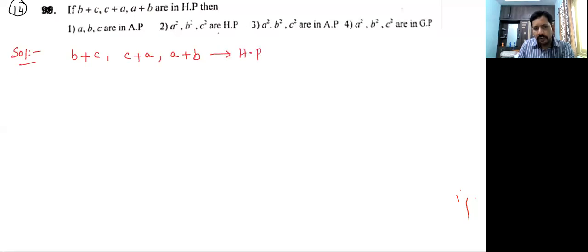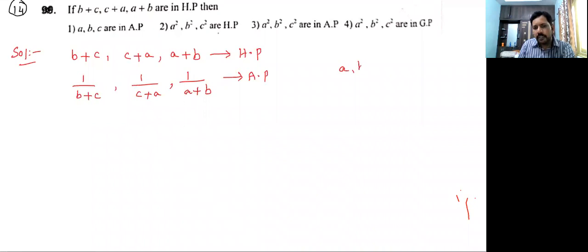Now convert into AP: 1 by B plus C, 1 by C plus A, 1 by A plus B. These are in AP series.